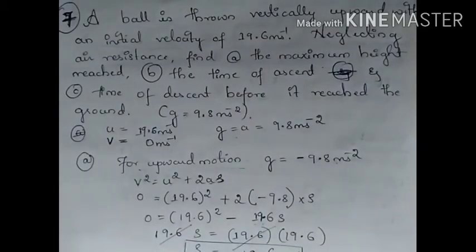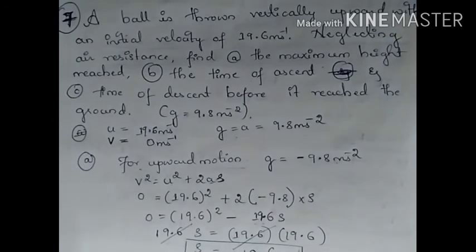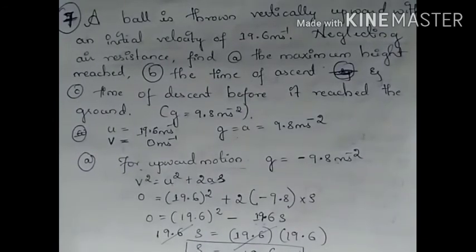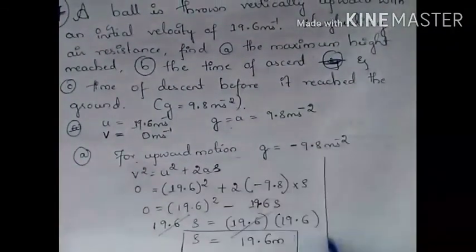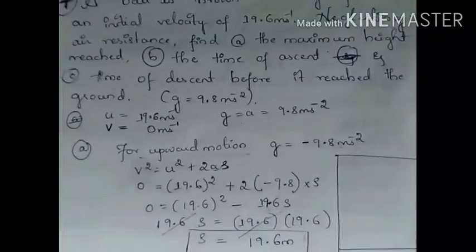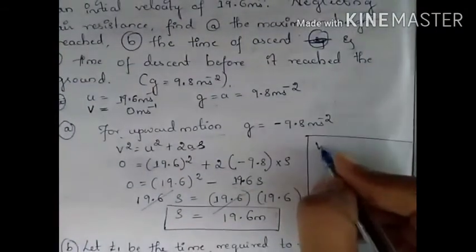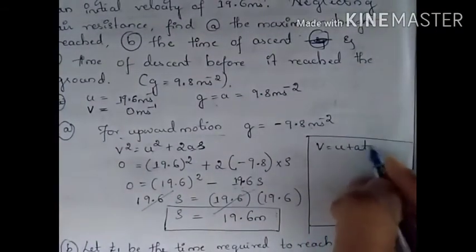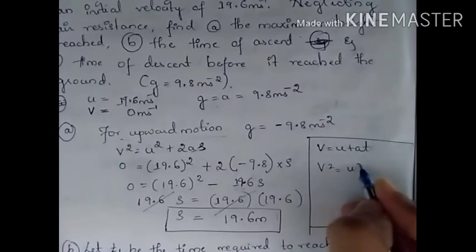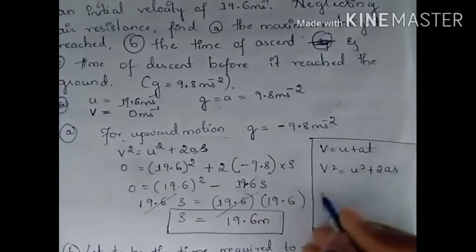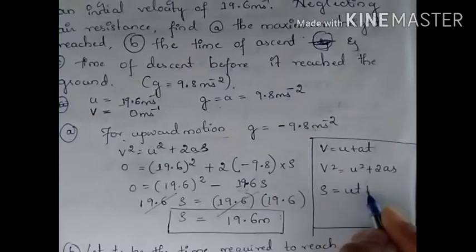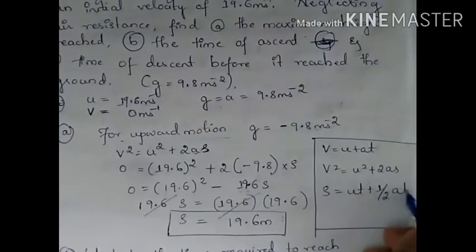So if you have data written separately, then you can compare this data with the 3 kinematic equations which you have. So you have 3 equations like v is equals to u plus at, v square is equals to u square plus 2as, and s is equals to ut plus half at square.